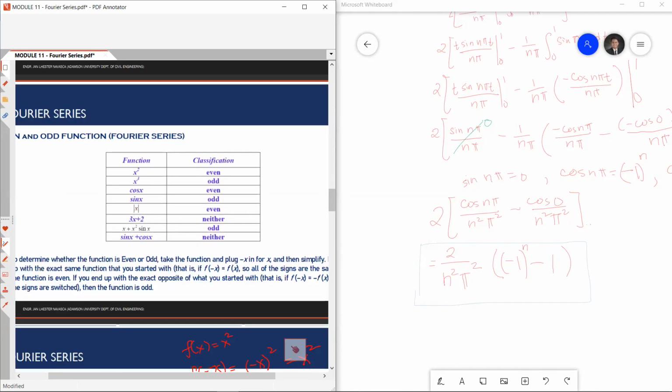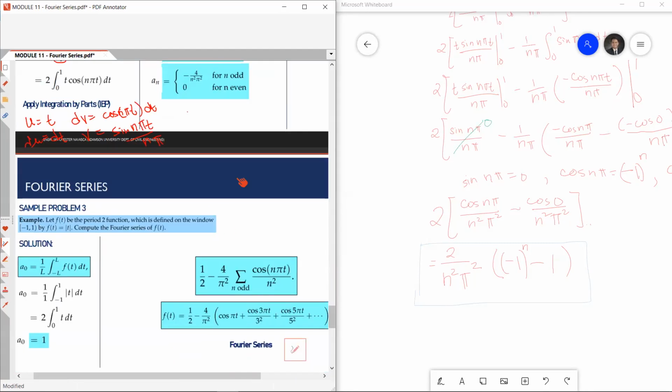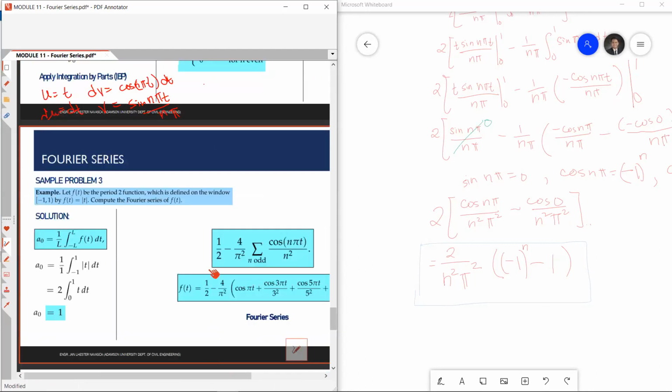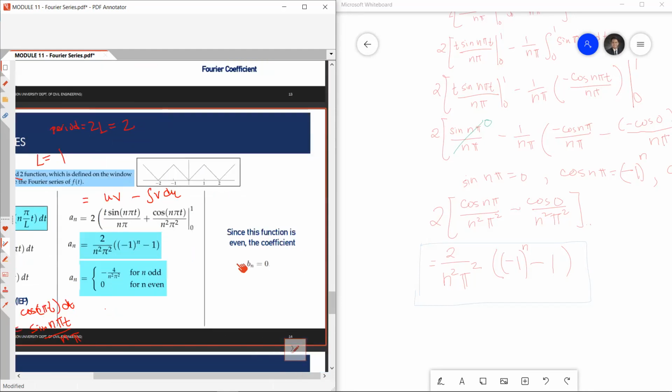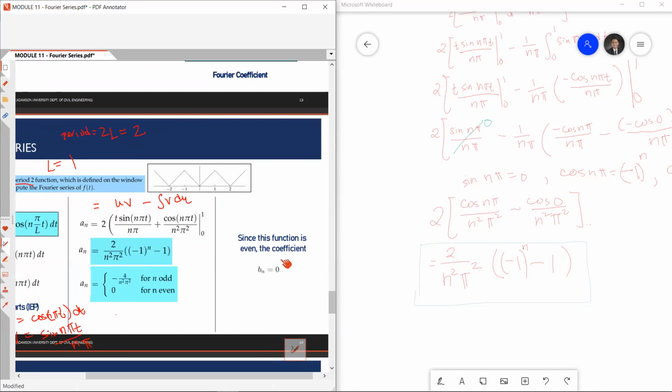Absolute value of x, that is an even function. Okay. So that is why your b sub n is equivalent to 0.